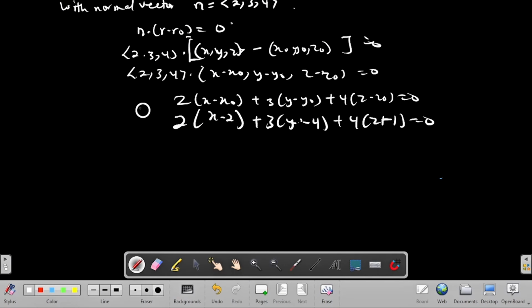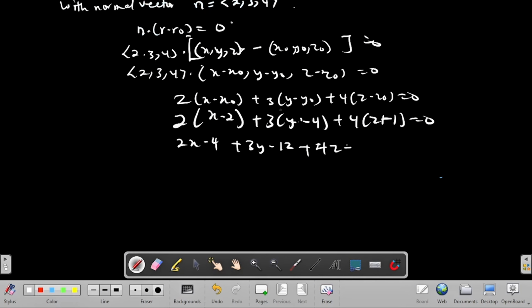So I'll have 2x minus 4 plus 3y minus 12 plus 4z plus 4. So 2x plus 3y plus 4z, then -4 minus 12 plus 4 is -12... minus 20 equals 0. So this is our equation of a plane.